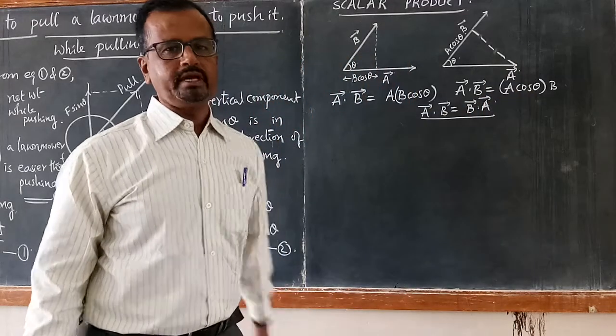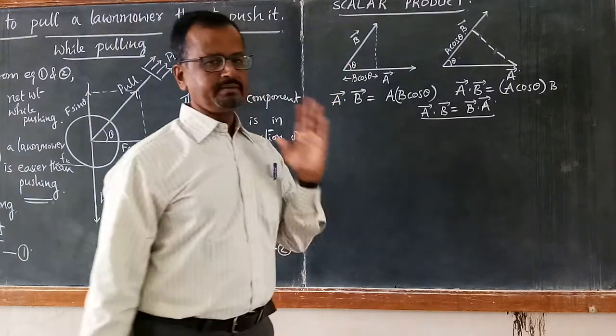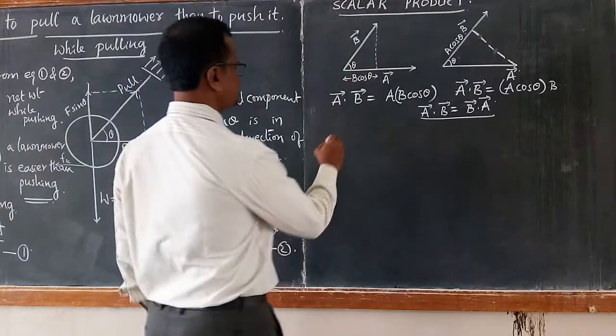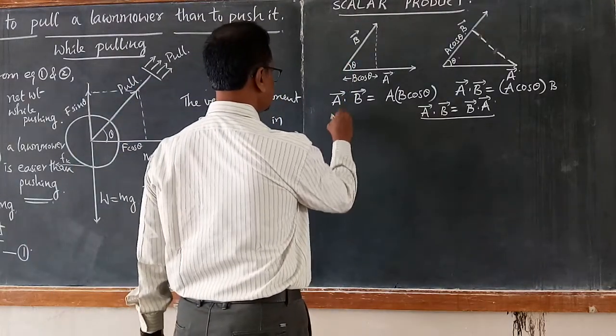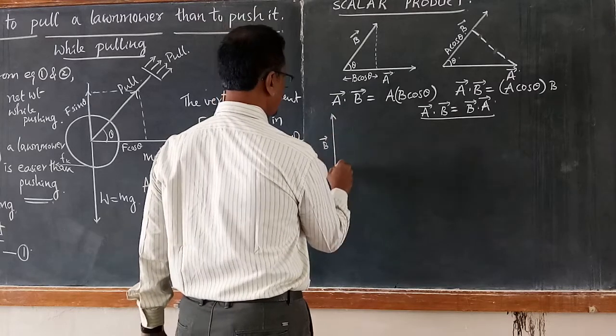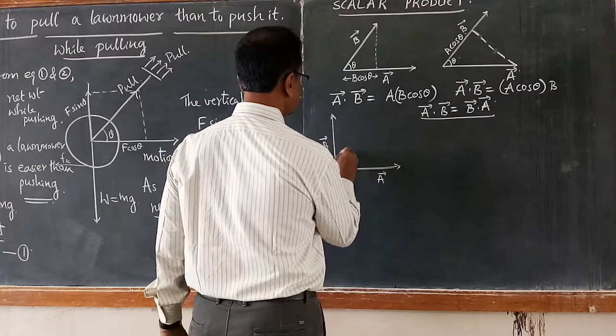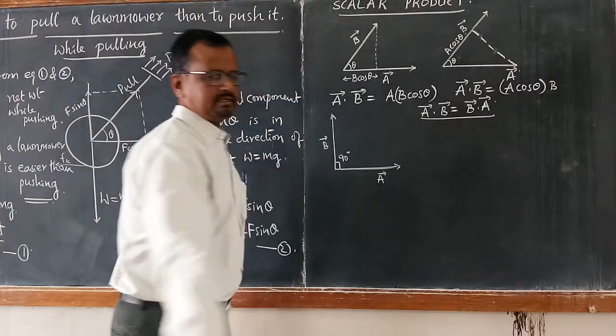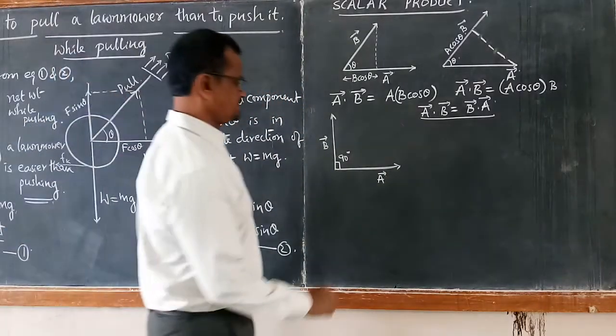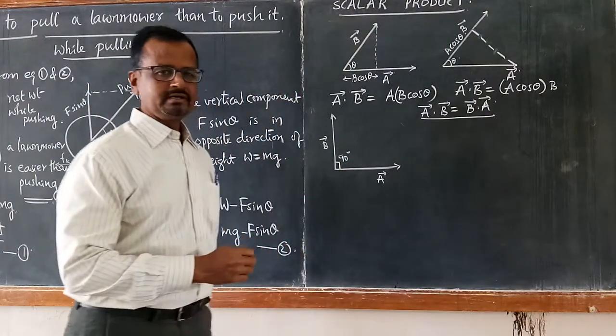Now what happens if the angle theta becomes 90 degrees? If vector B is perpendicular to vector A, what is the scalar product? Then it becomes very interesting.